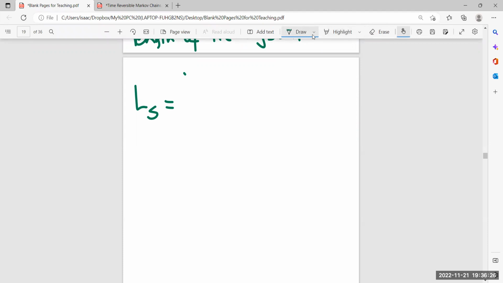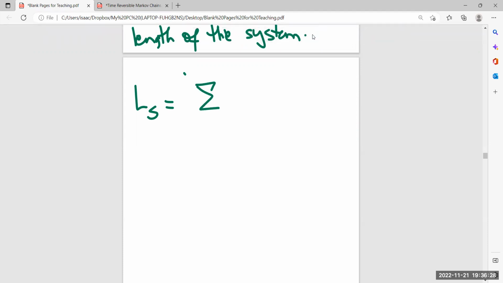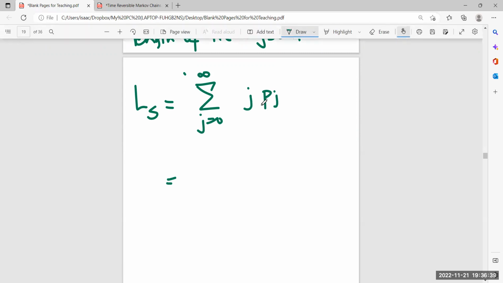So this here is the sum of j equals 0 to infinity of j times pj. Right? So this is how you get the expected value for the number of elements in the system. Remember, the system can start with 0 and you could go all the way up to infinity, right?